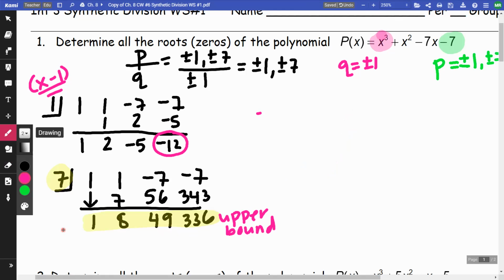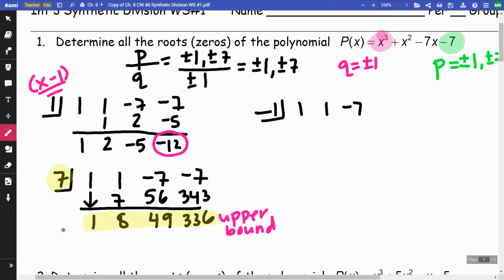Okay, so let's go the other direction, and let's say I try a -1, and I have 1, 1, -7, -7. I bring down my 1. -1 times 1 is -1. I add these, I get 0. 0 times -1 is 0.